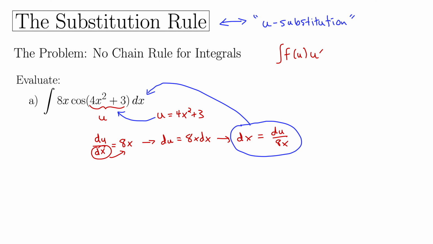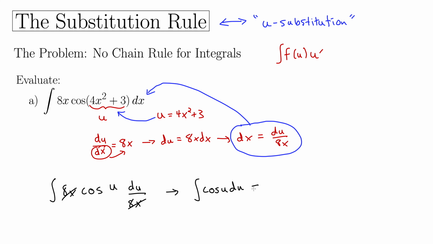And see what happens. This gives us the integral of 8x cos u, and then instead of dx we have du over 8x. And then look, those 8x's cancel, leaving us with simply the integral of cos u du. How nice. And look at that. That's something we can integrate.